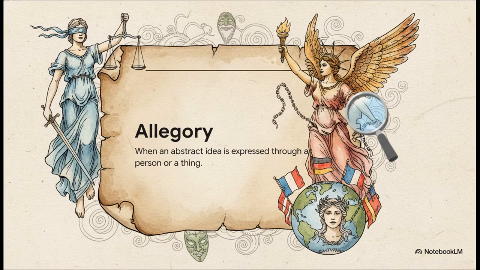An allegorical story or painting always has two layers. There's one literal meaning and one symbolic meaning. Think of the concept of justice, for example. Literally, it's just a painting of a blindfolded woman holding a pair of weighing scales. But symbolically, it represents the impartial, perfectly balanced nature of the law. And in the 19th century, nations themselves became these grand female allegories.